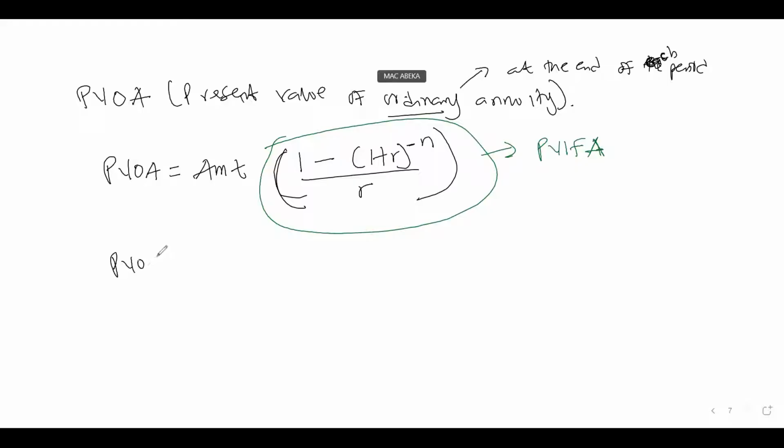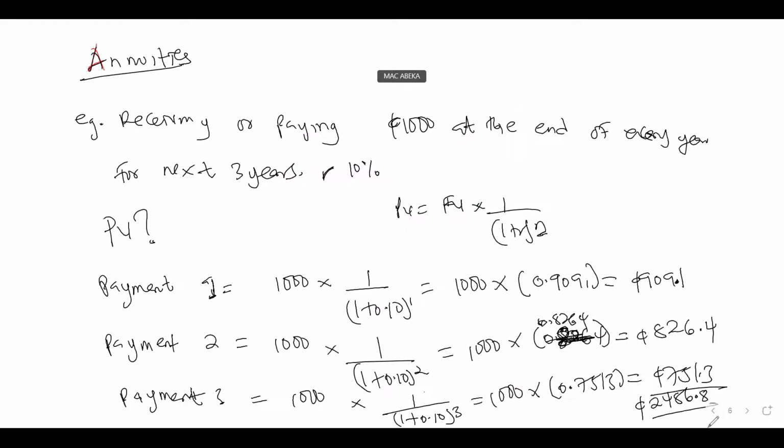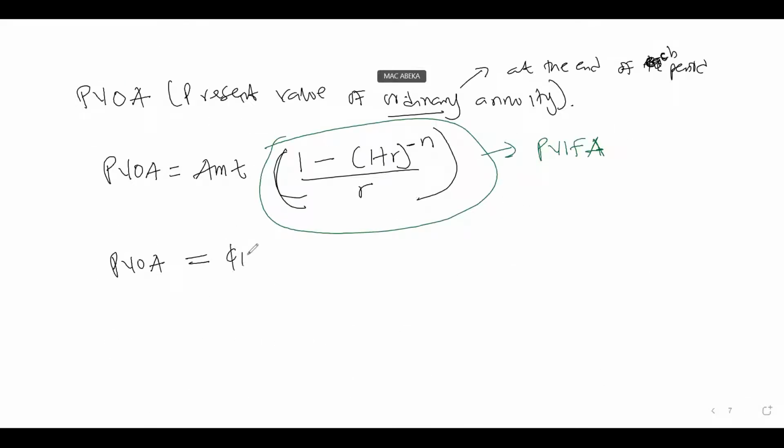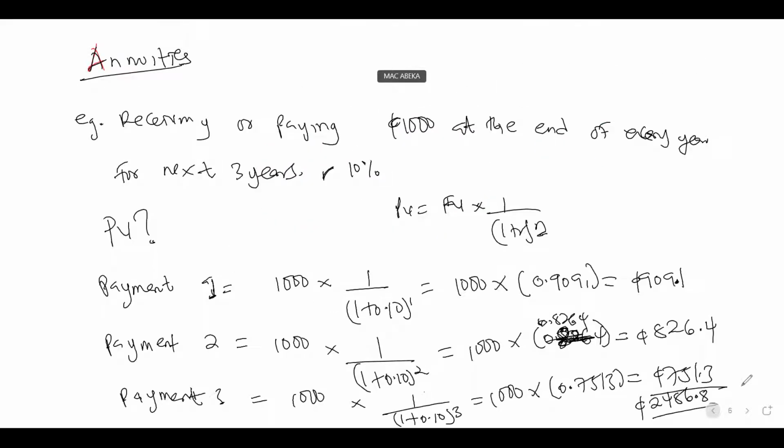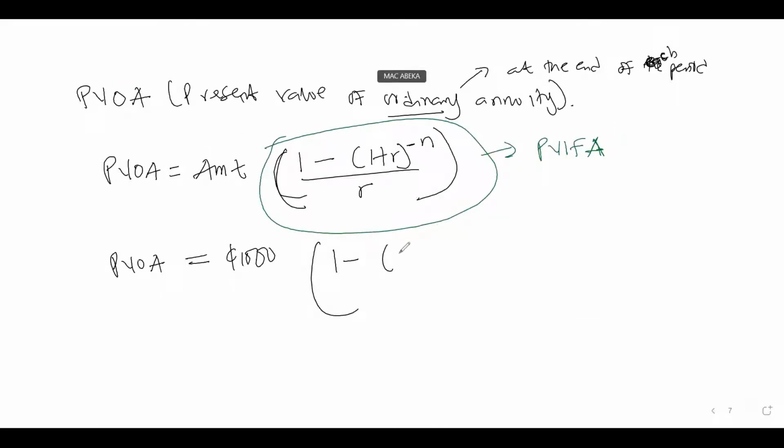So this question that we solved, we could have used this formula rather than discounting them one by one. So remember, the amount is 1,000. 1 minus, remember the interest rate was 10%, so 1 minus into bracket 1 plus 0.10. Then the number of years was what? 3. So raised to the power minus 3. The n was 3. All over r, 0.10.